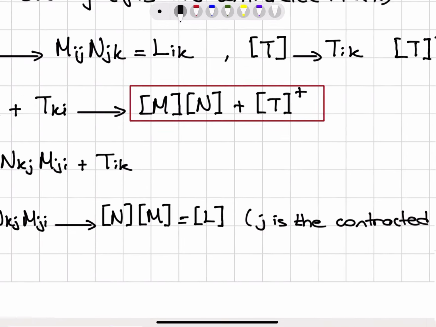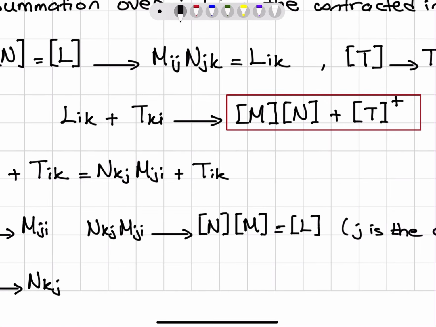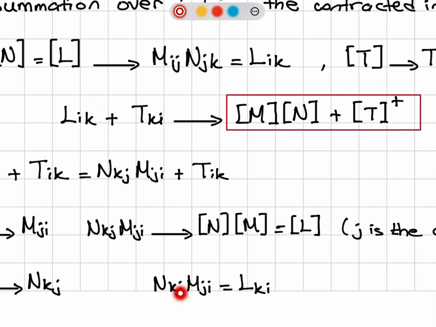So in the subscript summation notation, I have Nkj Mji, and that means the indices of the L matrix are Lki because the J is contracted. Now I have Lki plus Tik.